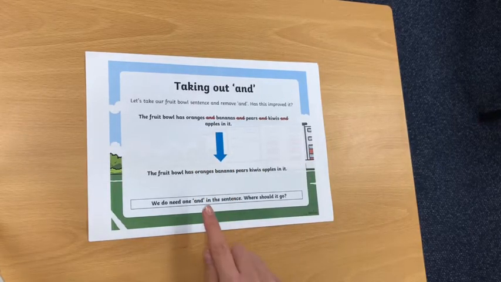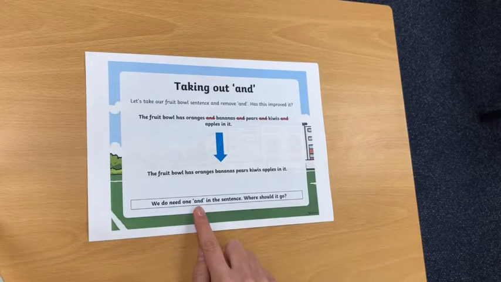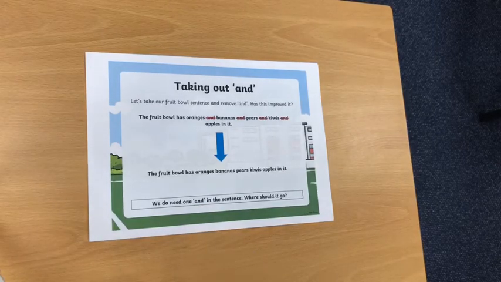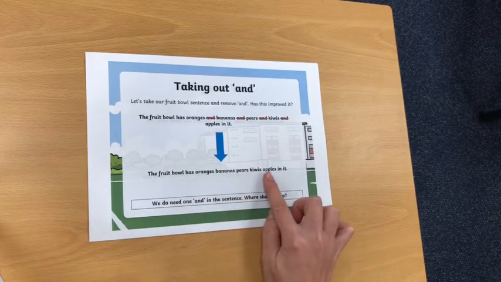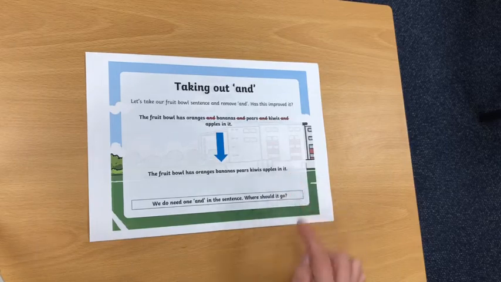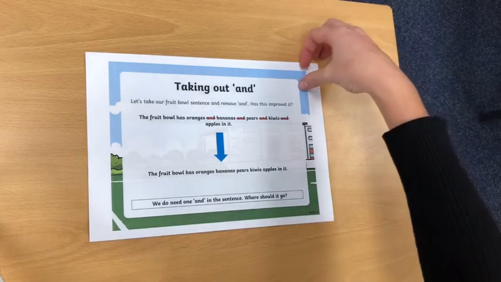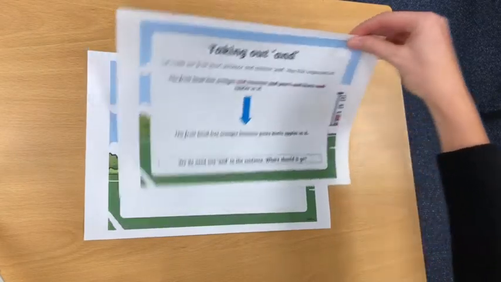However, we must always leave one and in the sentence. Can you talk with your grown-up? Where do you think that one and needs to go in this sentence? And let's see where it goes.